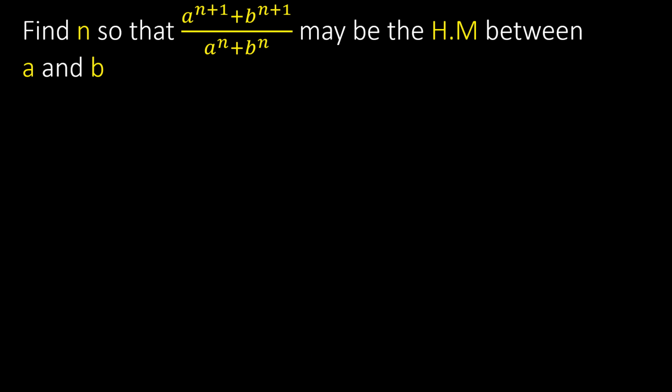Here we have a question that says: find n so that this given expression is a harmonic mean between a and b. So if we put this expression equal to the harmonic mean between a and b, we get (a raised to power n plus 1 plus b raised to power n plus 1) over (a raised to power n plus b raised to power n) equals 2ab over a plus b.